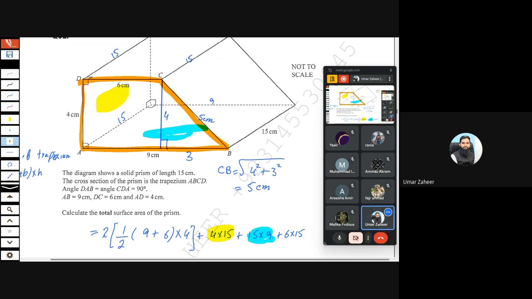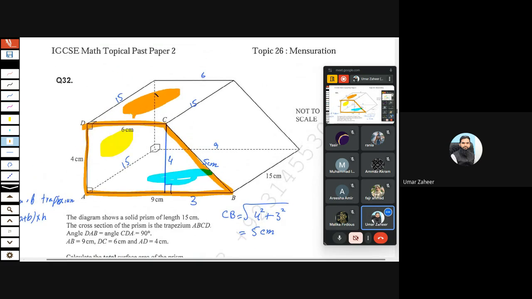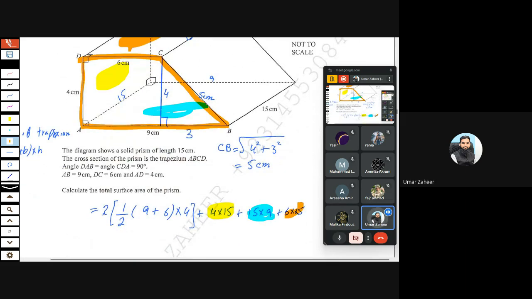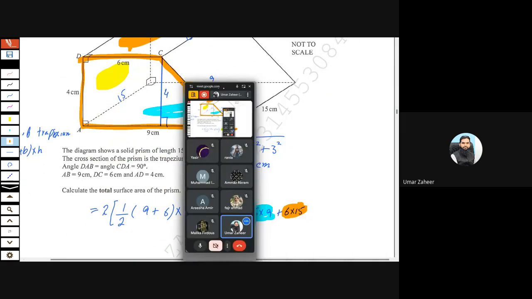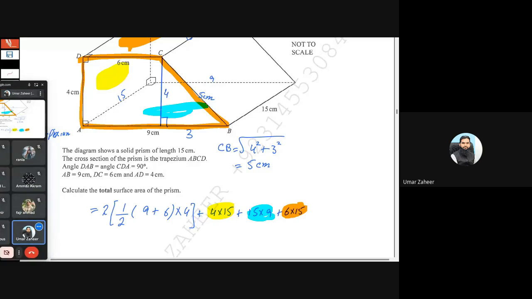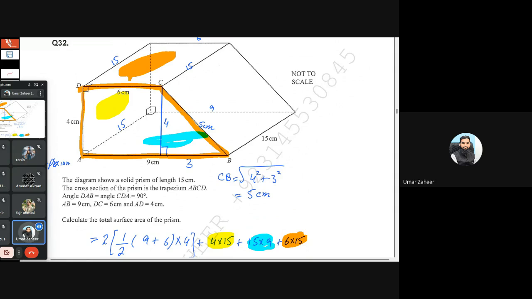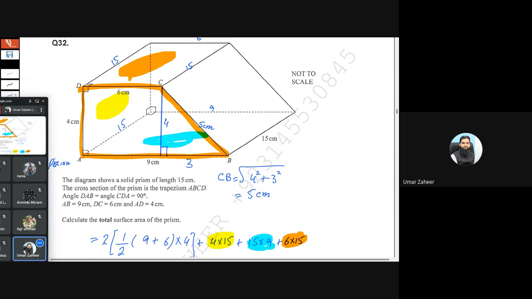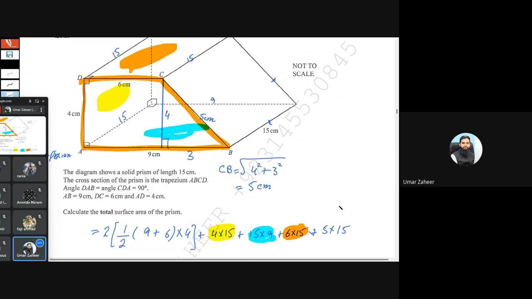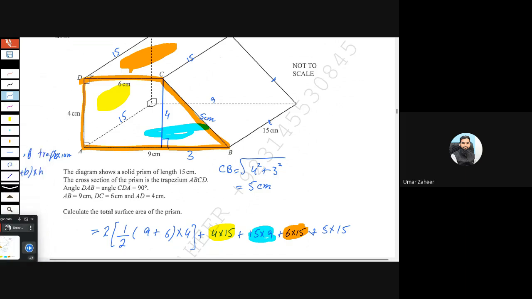This one. Now we have this inclined rectangle, that is 5 multiplied by 15. This one. Is it clear?